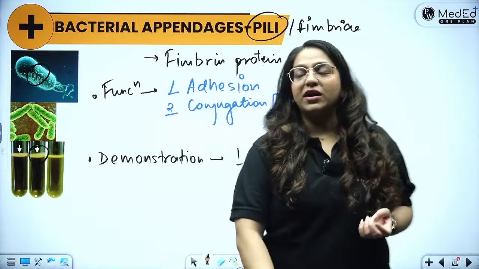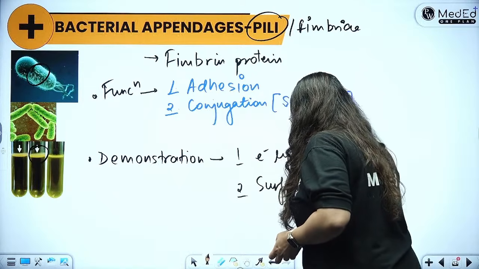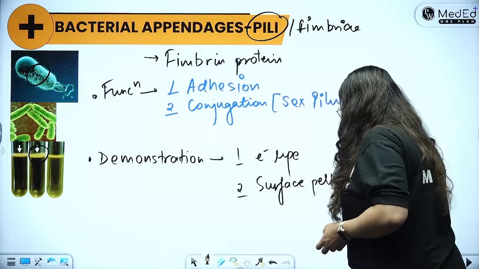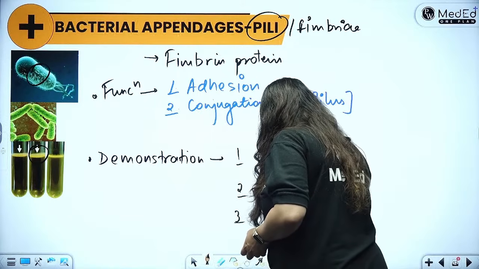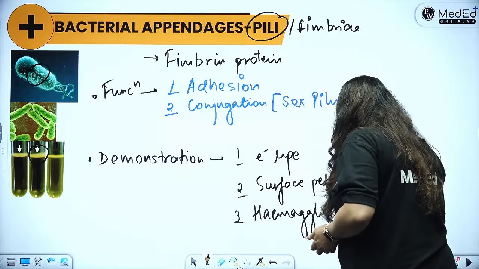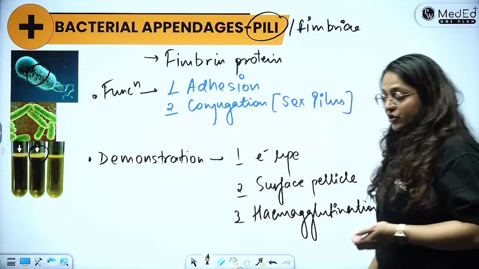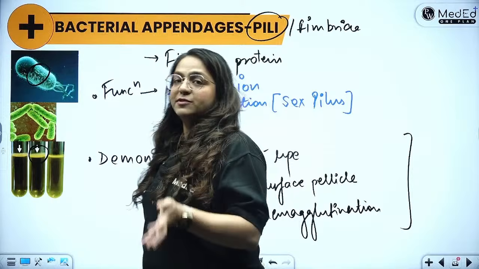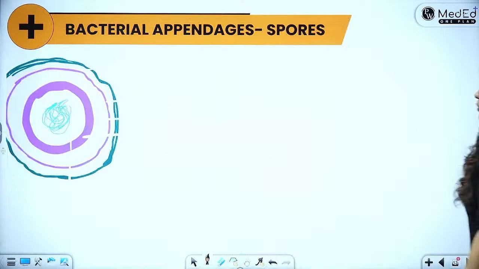This is called a surface pellicle. So I can demonstrate it by the presence of a surface pellicle. And number three, I can also do hemagglutination reactions in order to prove that the bacteria has pili. So these are the three ways in which you can demonstrate pili inside the lab. All right, next. What is next?